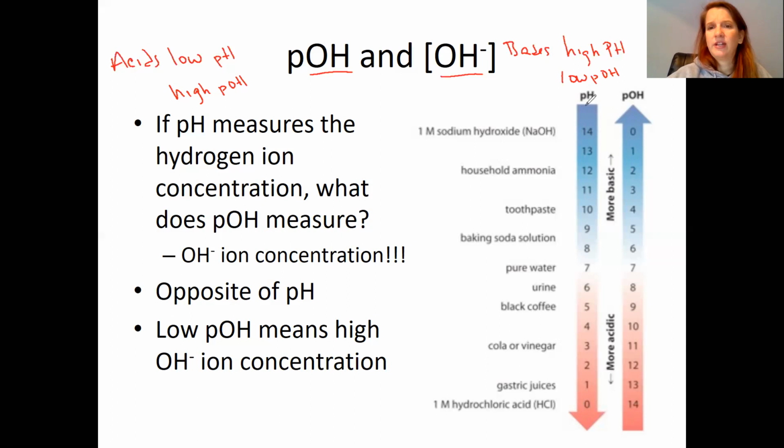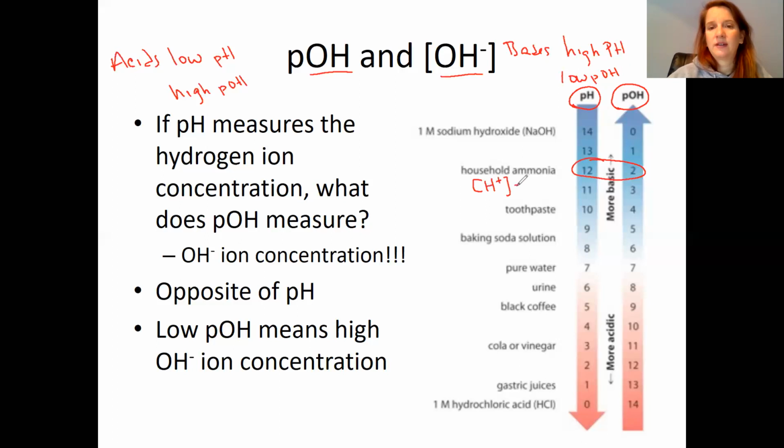So you can see over here in this picture this relationship between pH and pOH. So ammonia, for example, is going to have a high pH. It's a cleaning substance. A lot of our cleaning substances, like I said, have high pHs. So if it has a high pH, it's going to have a low pOH, okay? So does ammonia have a little or a lot of hydroxide ion concentration?